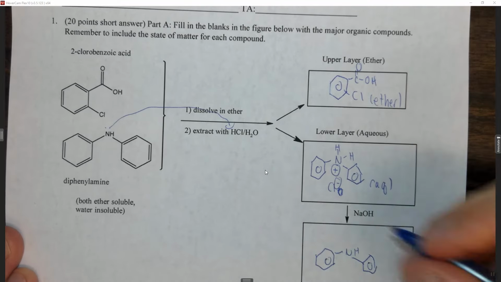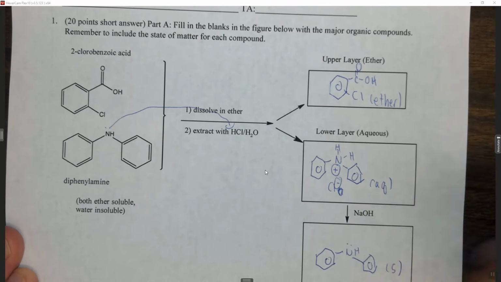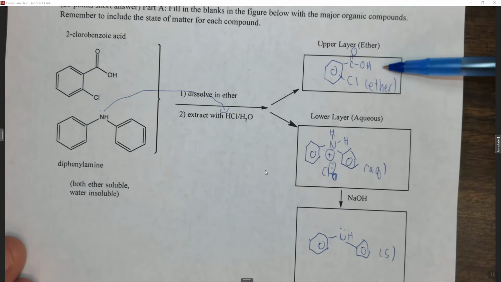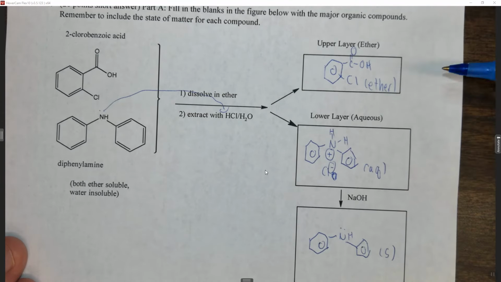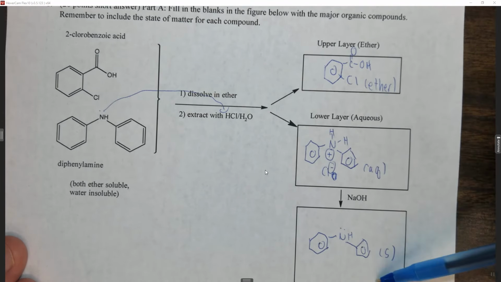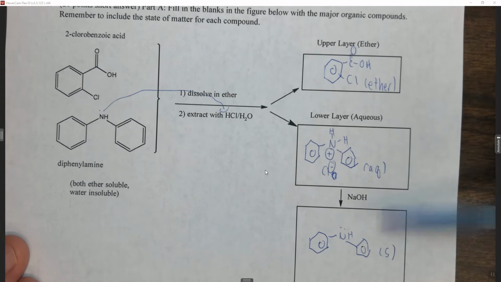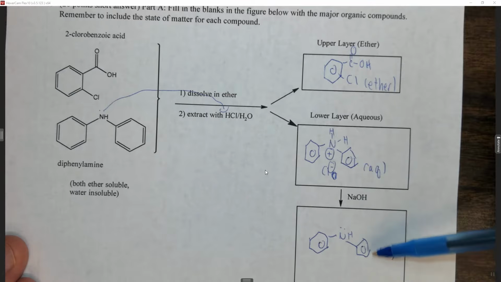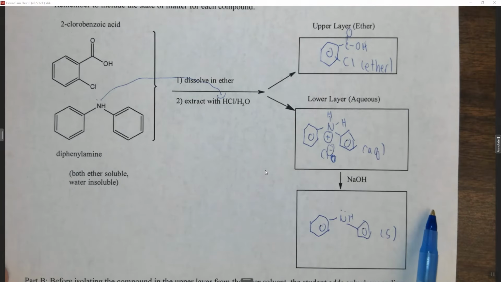This neutral amine right here is not soluble in water, so it's going to precipitate out of the aqueous solution. Note that we separated it from the ether, so there's no ether for this to dissolve in. This is done in a separatory funnel. So we drain off the aqueous layer, the bottom layer, because the water is more dense. Then we add the base to the aqueous layer, and what we end up with is solid amine. This is how we do the separations.